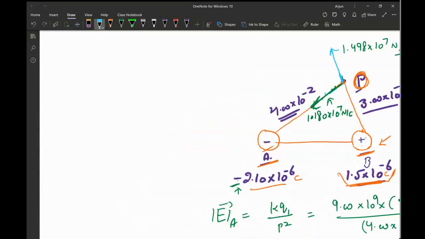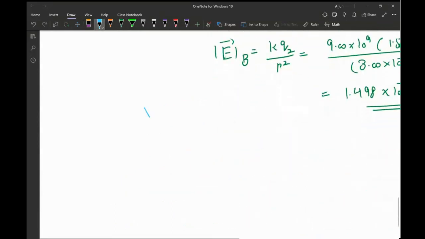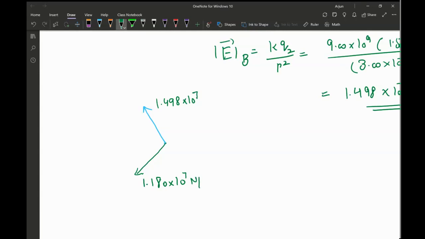The blue one is like this, and the green one is like this. Again, one more time, 1.498 times 10 raised to the power 7, and this value is 1.180 times 10 raised to the power 7 Newton per coulomb. And this is point P.